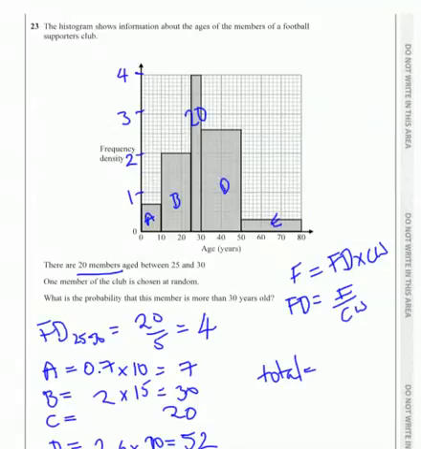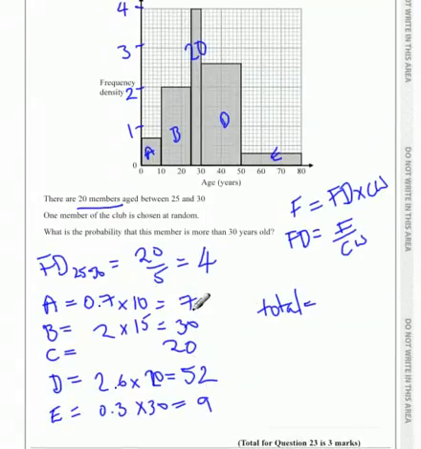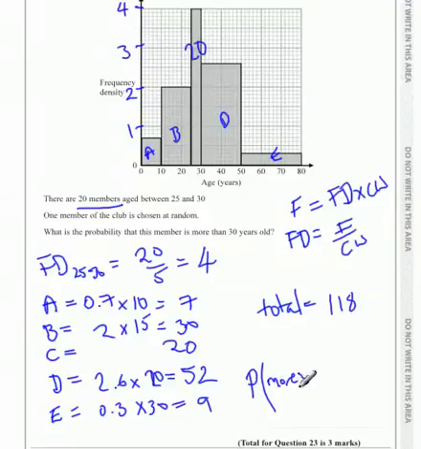Let's just check we're not told that. We're not. So adding these up, we get 37, 57, 109, 118. And then the probability of getting someone who is more than 30 is going to be these two. So that is going to be 61 out of 118.